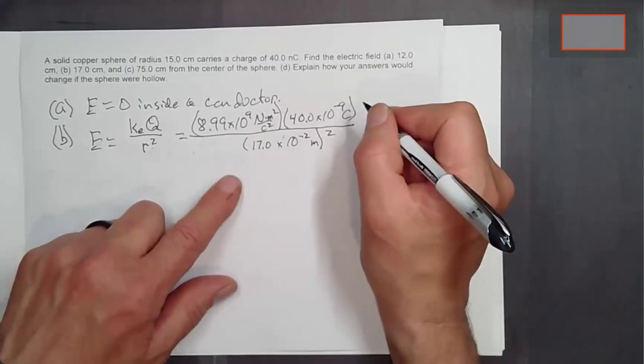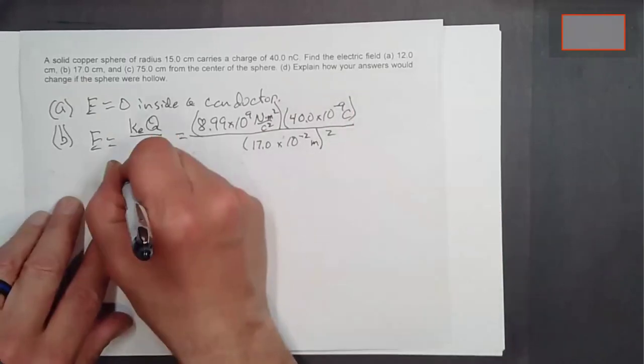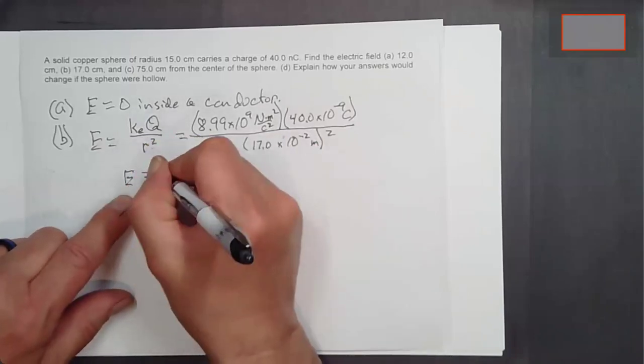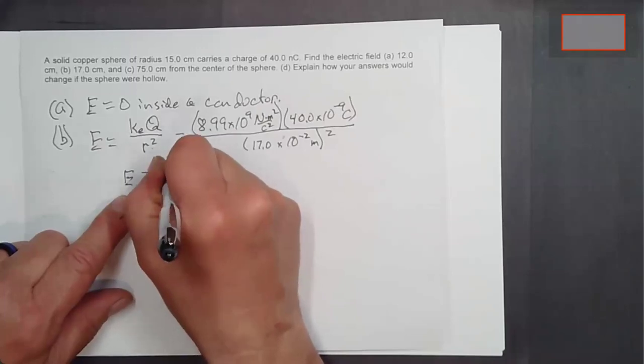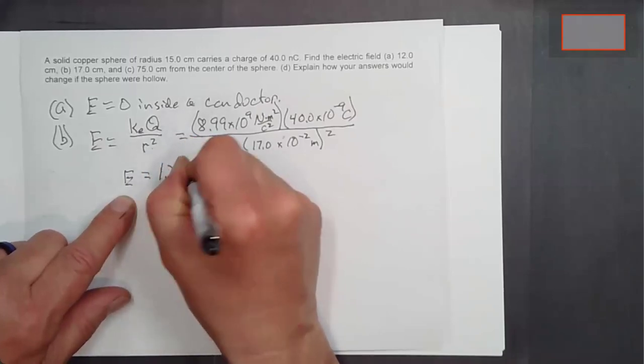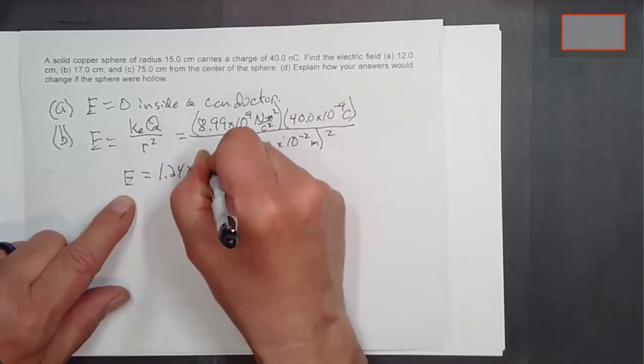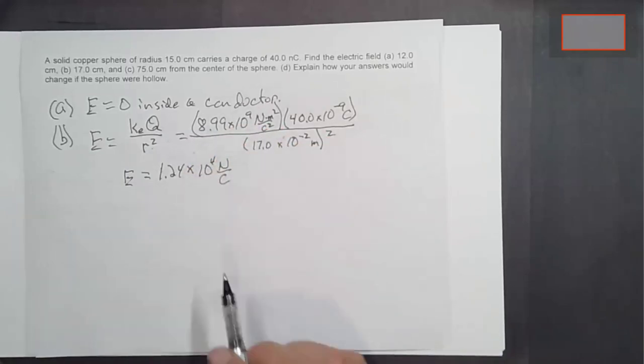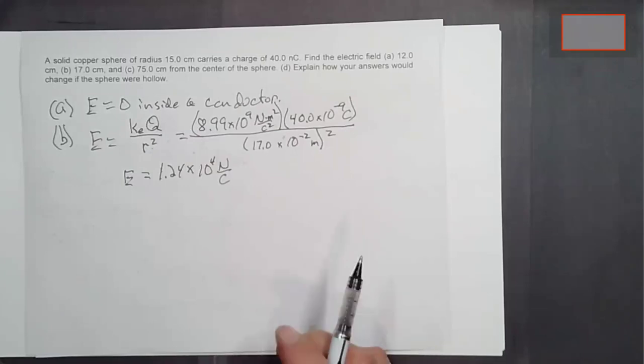And when you plug in all the numbers, you would get 1.24 times 10 to the fourth newtons per coulomb is the strength of that electric field.